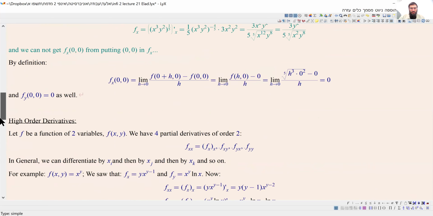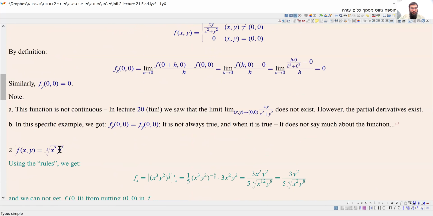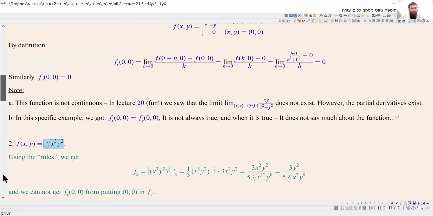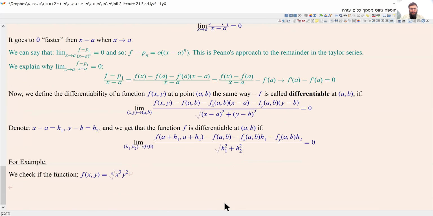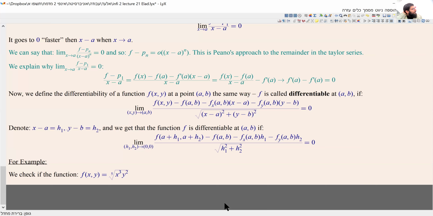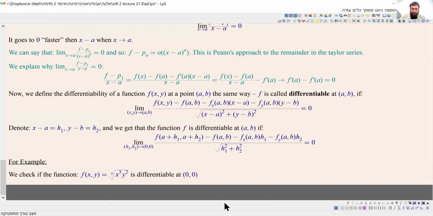We can take the square root or whatever root it was. Something similar was on one of the exams of last semester. I don't remember exactly what it was or which semester it was, but it was. Is f(x, y) differentiable at the point (0, 0)?